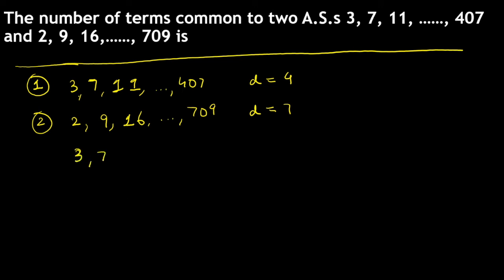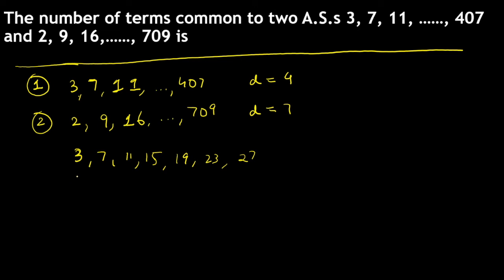So we can just extend our sequences. We get 3, 7, 11, 15, 19, 23, 27, right?